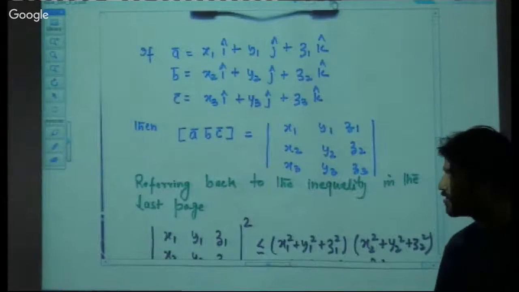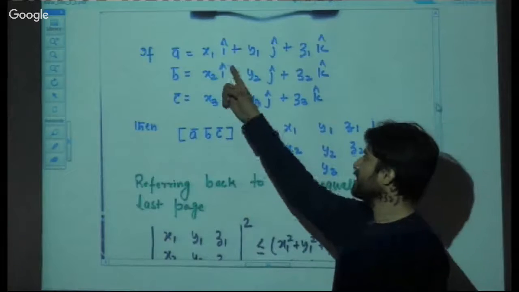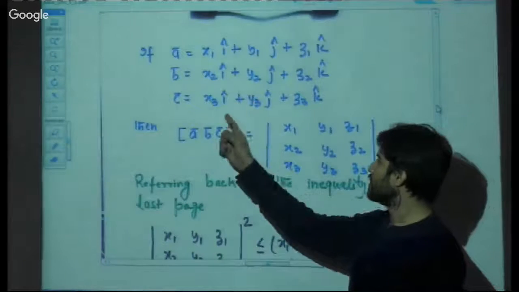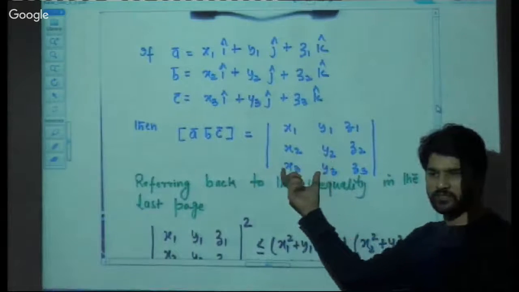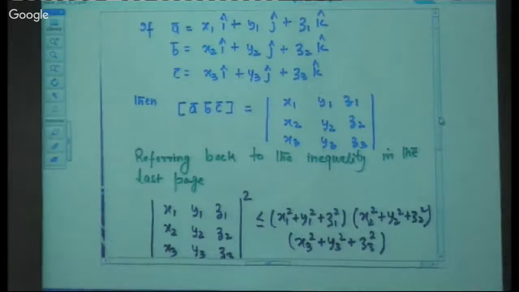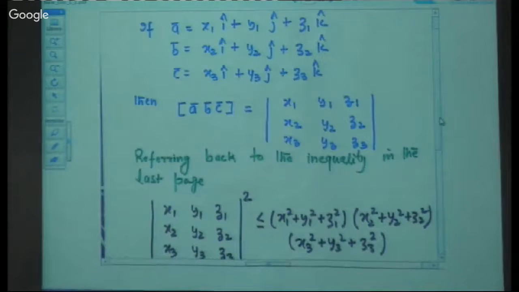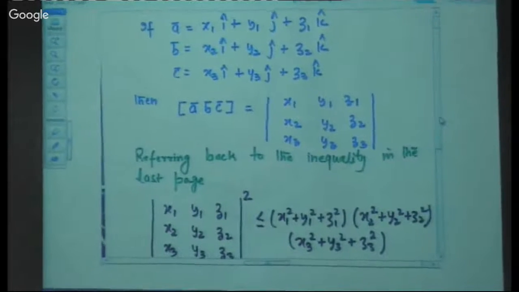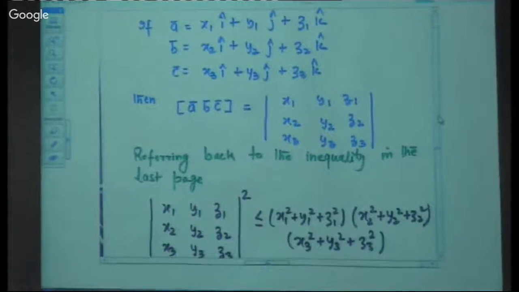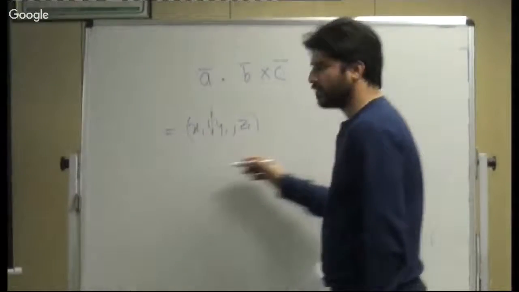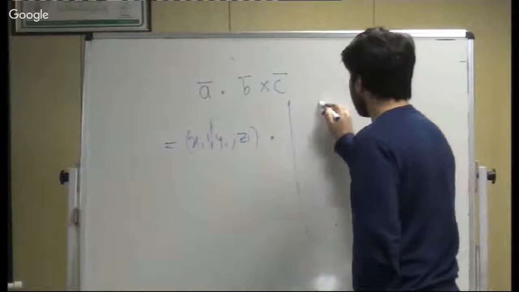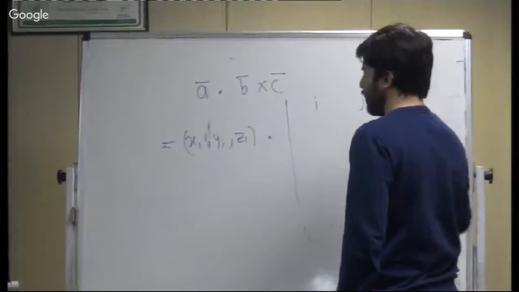So here is the concept: this is A, this is B, this is C. We'll show you how. If I say A dot B cross C, I can write A as x1 i, y1 j, z1 k, B as x2 y2 z2, and C as x3 y3 z3, in a determinant with i j k.